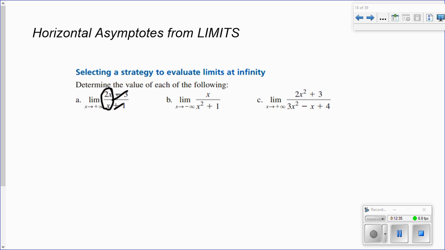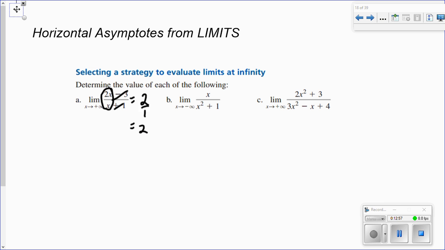Subtracting 3 or adding 1 to a really large number has no effect on the overall value. But what I do know, based on my original function, is that the limit should be 2, because 2 over 1 is 2, as the top is basically double the bottom.